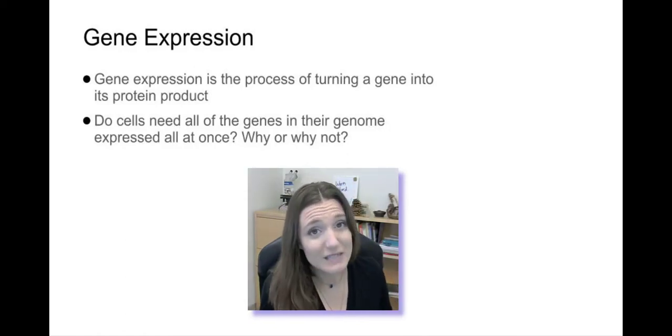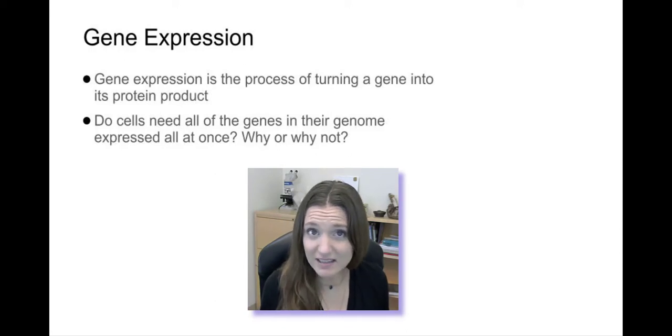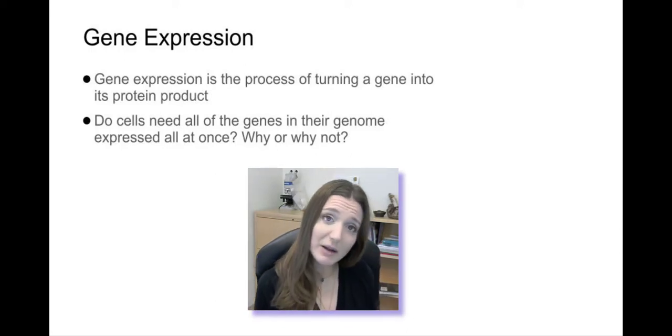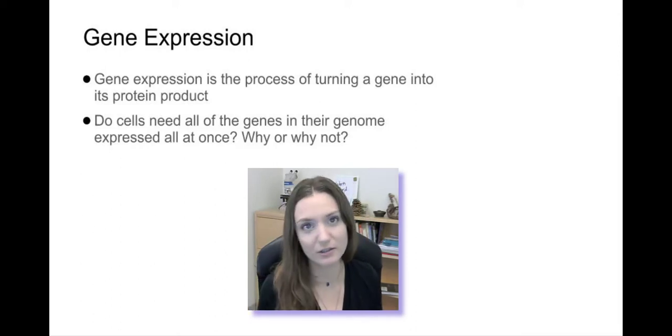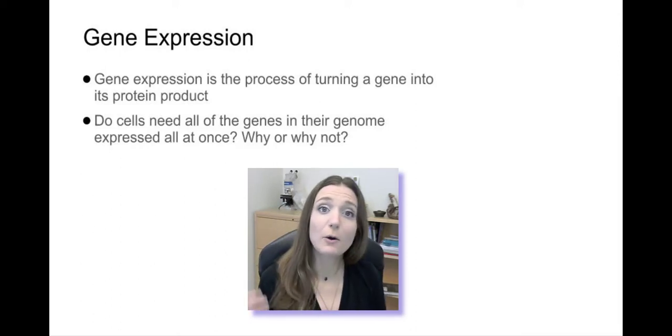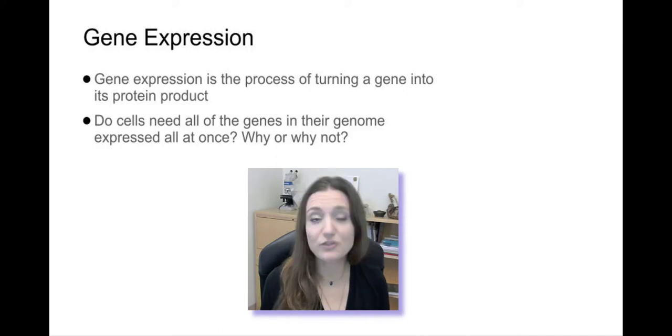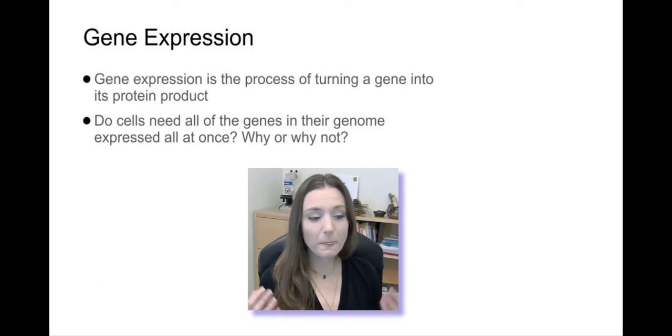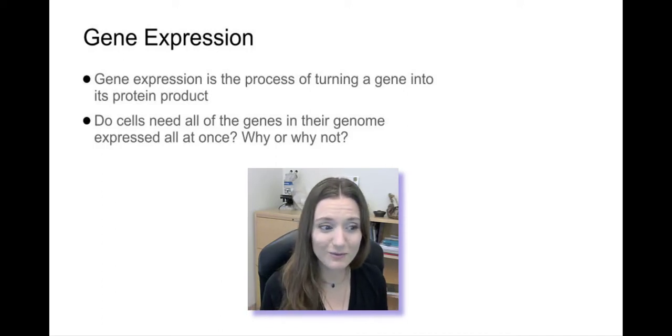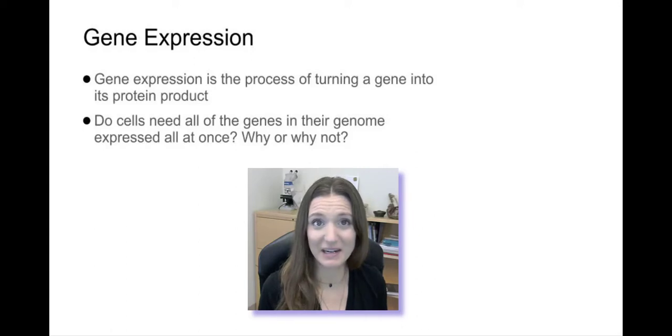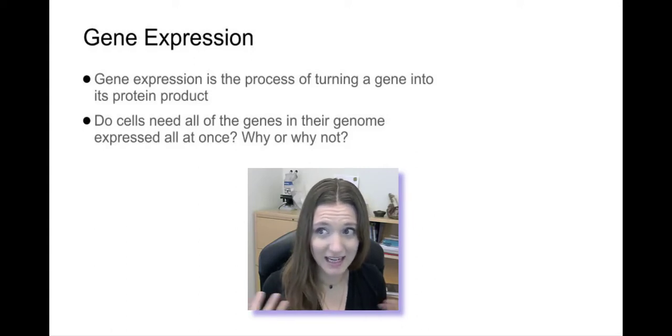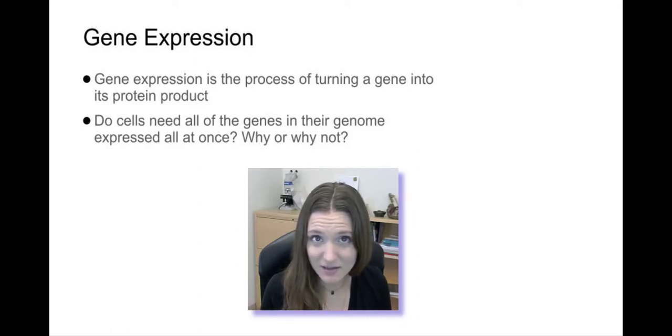But again, we don't need all of the genes in all cells active all the time. Some genes might only be active early on in childhood or during adolescence, or maybe they get activated during aging, right? And we don't want, for instance, the gene for how to make pepsin, the enzyme that can break down proteins, active in cells besides really our stomach cells.